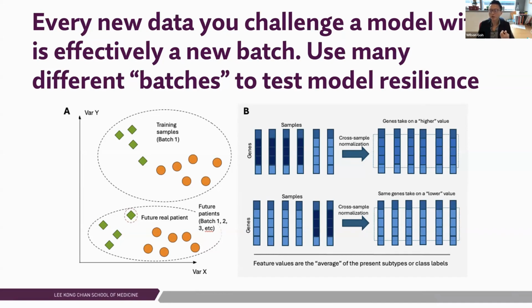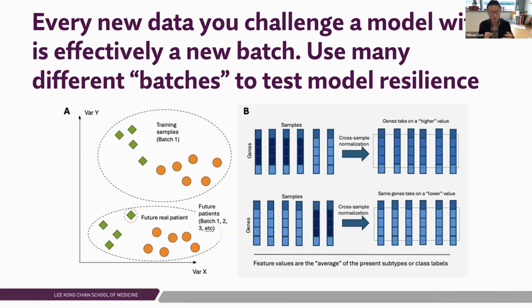And because of that, you can never be certain whether or not your model is actually robust towards these various batch effects. So in other words, if you have designed your model well, and you also incorporate appropriate data processing methods, your model should work well, or sufficiently well, regardless of any new data that comes from any new future batch, whether the data comes from, for example, Australia or Singapore or New Zealand.